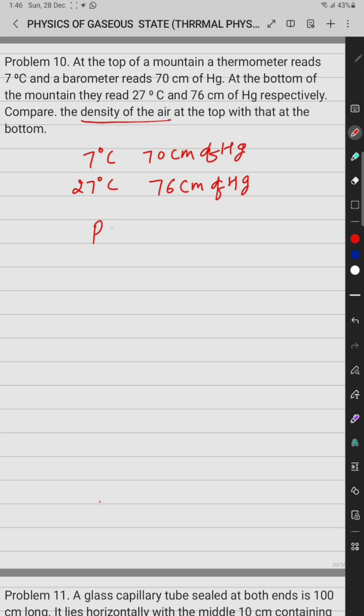Then we know, according to the ideal gas equation, PV equal to mu RT. Then the number of moles is equal to the mass of the gas divided by molecular weight. That's why P is equal to density upon molecular weight into RT.